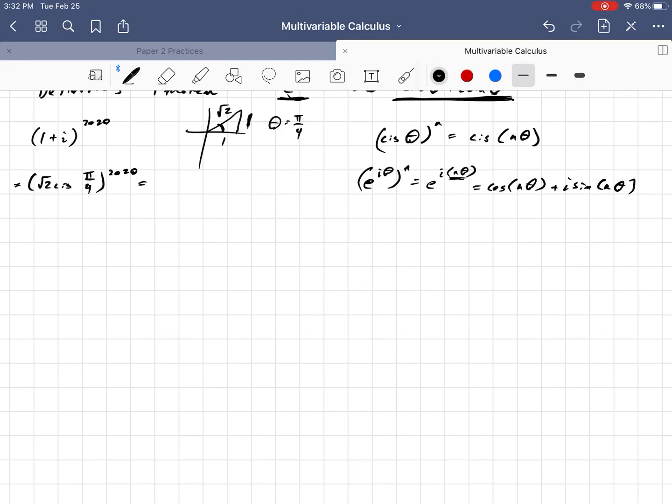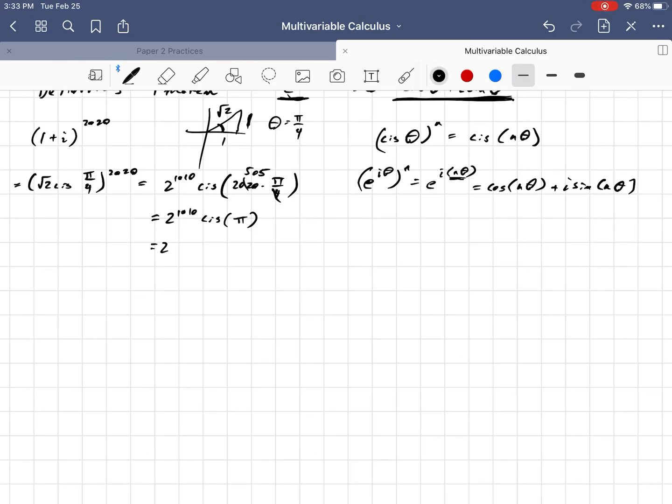But returning to this here, this root 2 cis pi over 4 to the 2020 then is just 2 to the 1010, because root 2 to the 2020 is the same thing as 2 to the 1010. And we have cis of 2020 times pi over 4. And 2020 divided by 4 is 505. So that's actually 2 to the 1010, and cis of 505 pi is coterminal to cis pi.